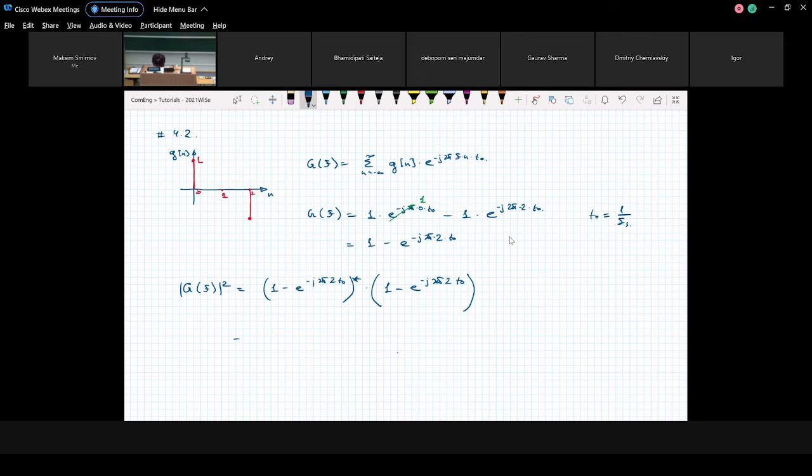Then I write that for the first parenthesis, we have 1 minus exponential plus j 2 pi f t0.